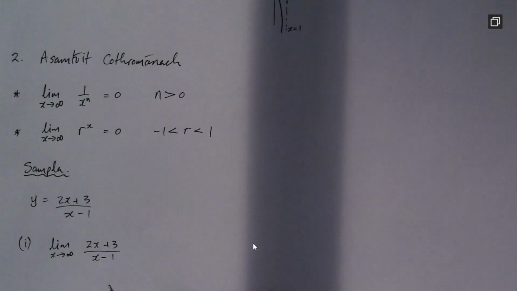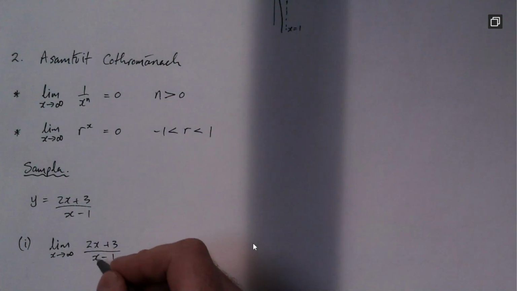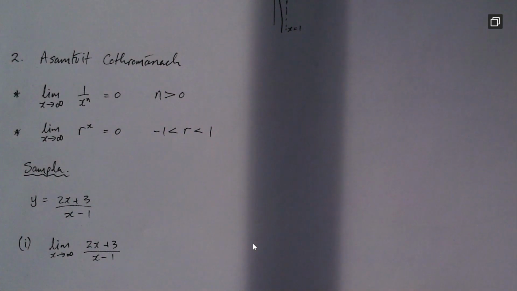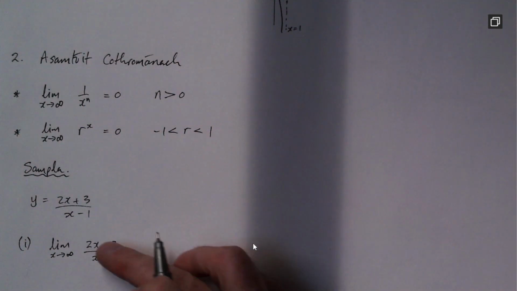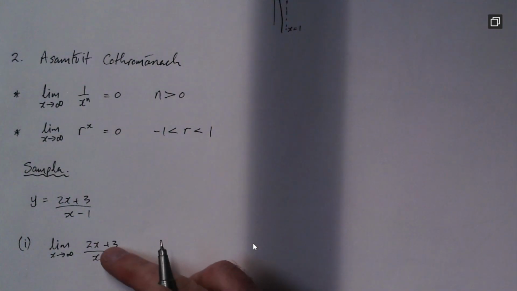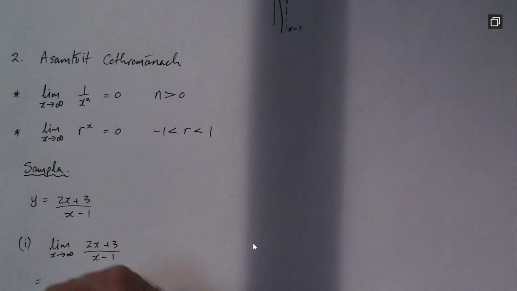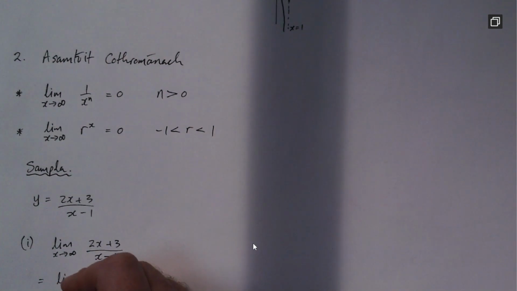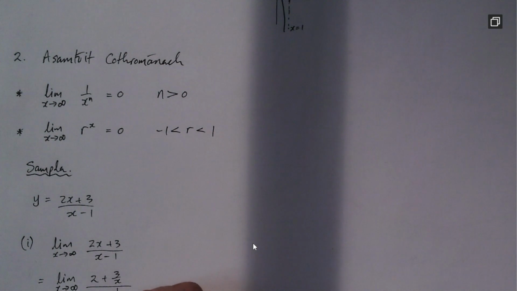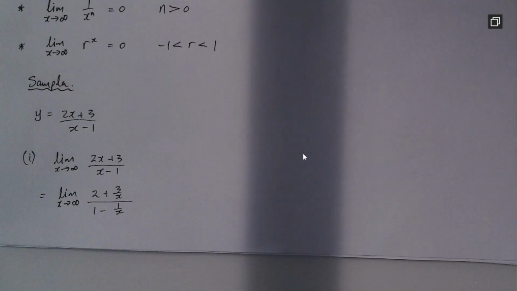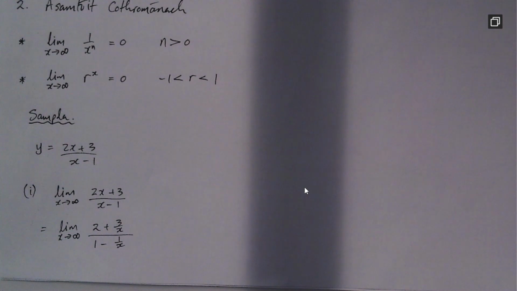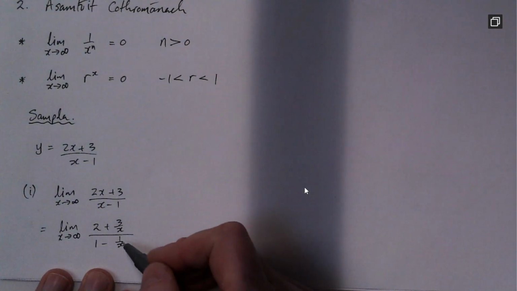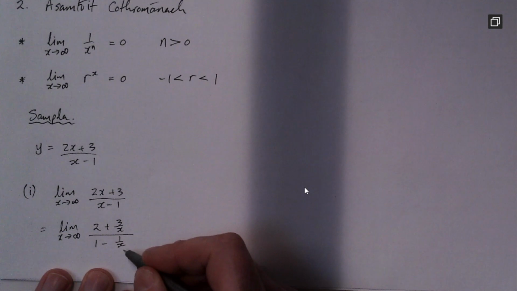Substituting infinity gives infinity over infinity, which is indeterminate. So we divide top and bottom by x. The limit as x goes to infinity of (2 plus 3 over x) over (1 minus 1 over x). As x goes to infinity, 3 over x goes to 0 and 1 over x goes to 0.